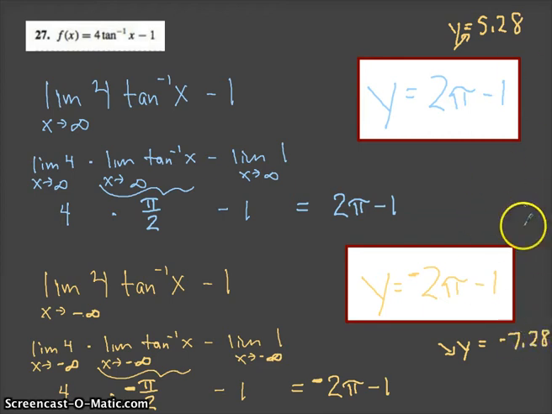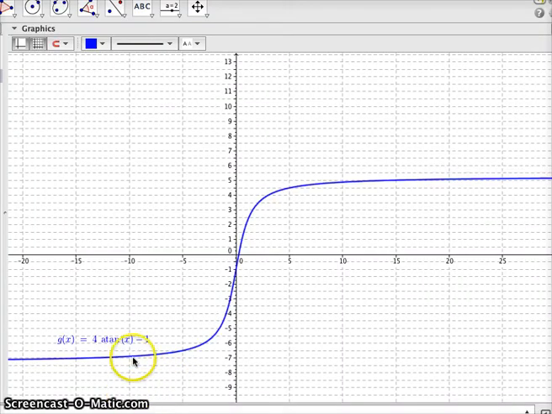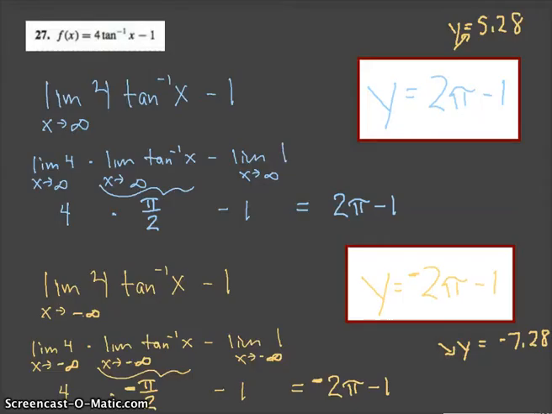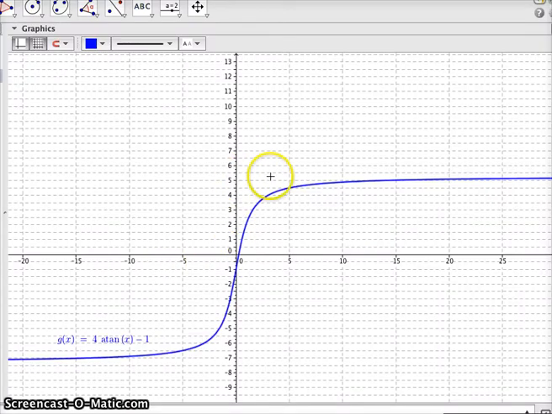Let's look at the graph to see if this matches. If we look at our graph, we can see that we have a horizontal asymptote here of about 5.28, and that's about right.